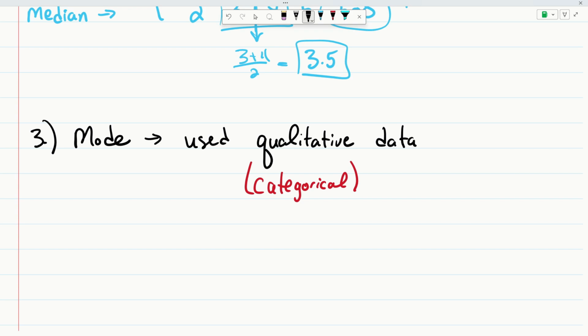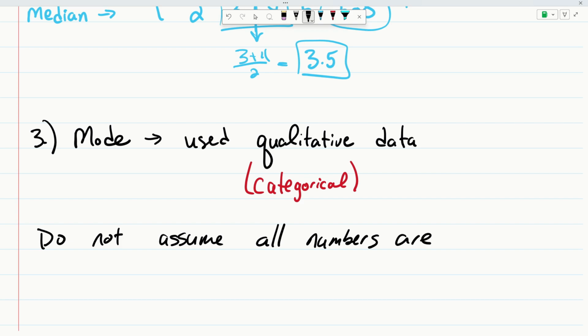Now, do not assume all numbers are quantitative. Not all numbers are quantitative. Even though they're numbers, and the word quantitative means quantity or numbers, not all numbers are quantitative data.